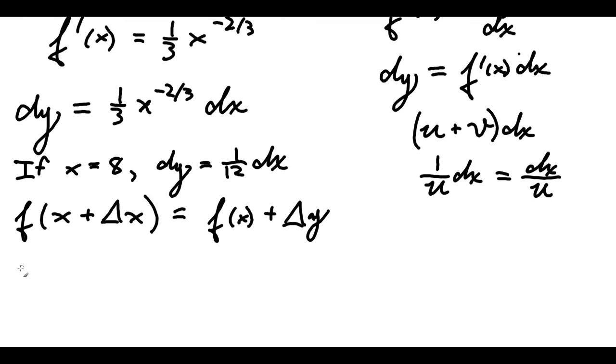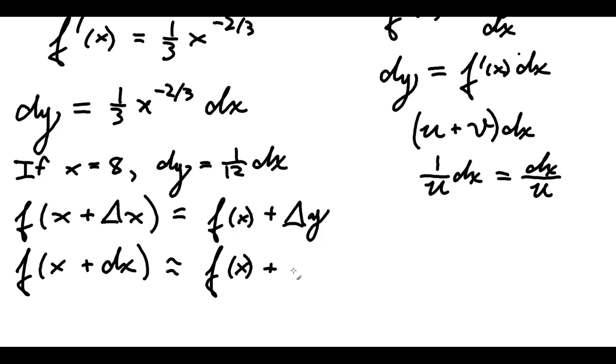And the idea of what we're doing with differentials is that we associate delta x with dx, and we say that, well, if dx is small enough, then delta y should be close to dy. This is the change we would estimate based on just taking the derivative.